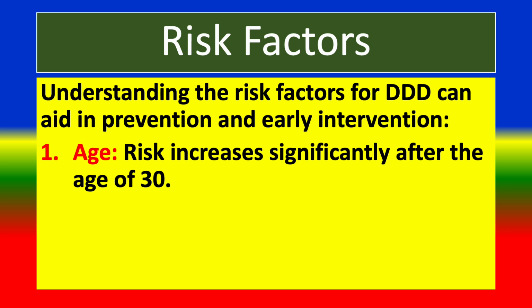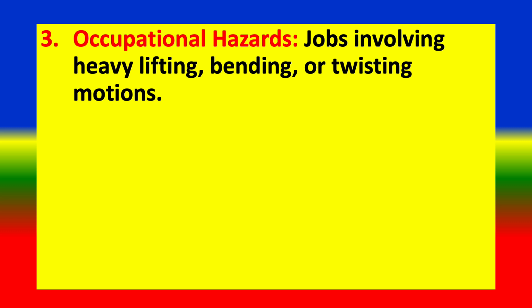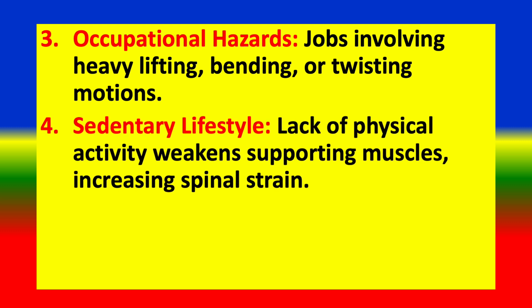Risk increases significantly after the age of 30. 2, genetic predisposition. Family history of spinal issues can elevate risk. 3, occupational hazards. Jobs involving heavy lifting, bending or twisting motions.